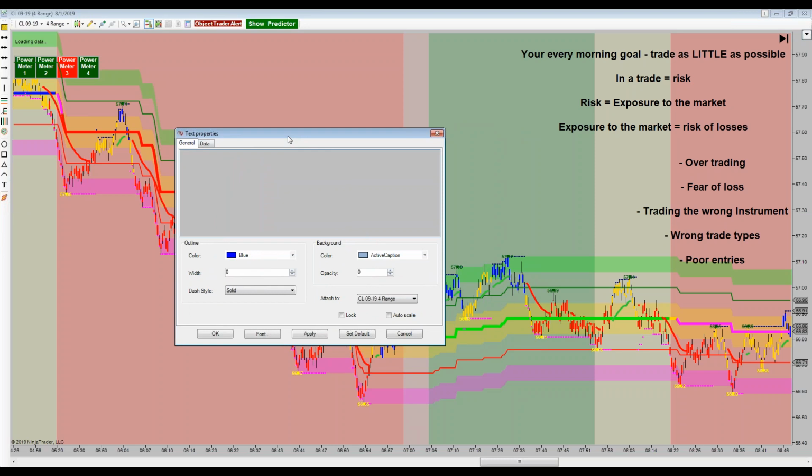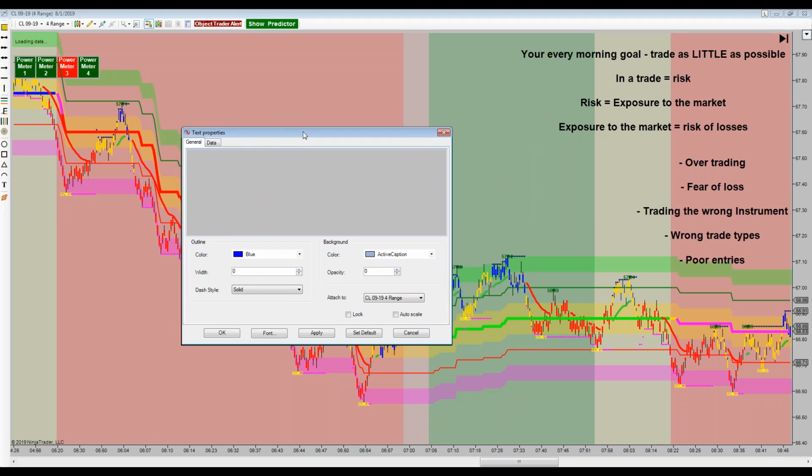And so what that is, as follows, is the two most important things for you to do are going to be to pick the proper instrument to trade. And that takes some experimentation. And you have to pick a trade type.